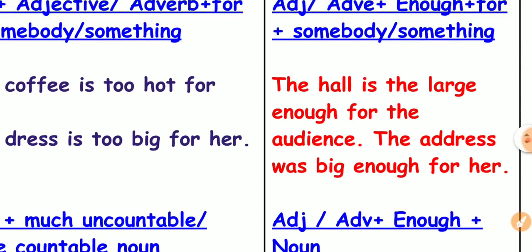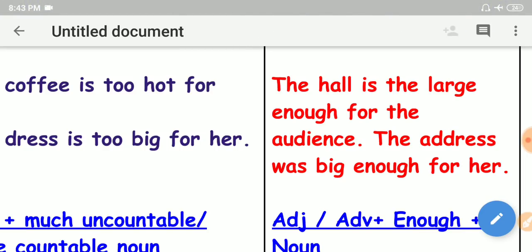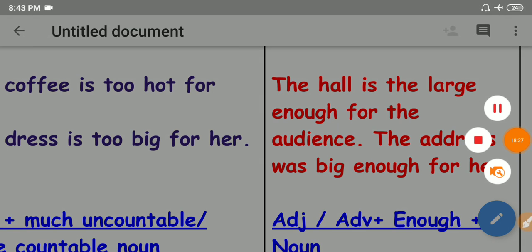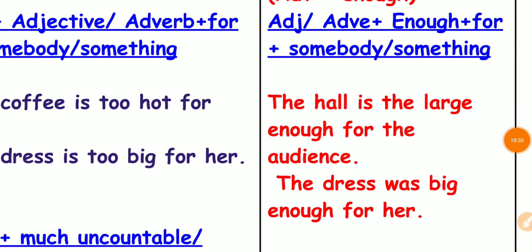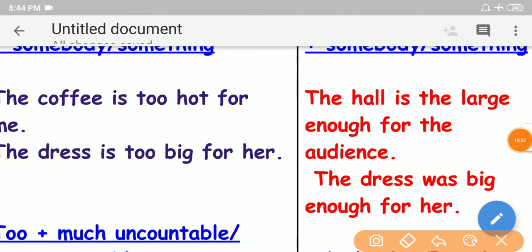Here is another example: the dress was big enough for her. So this is another pattern.